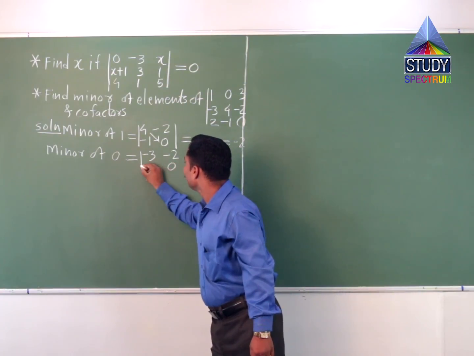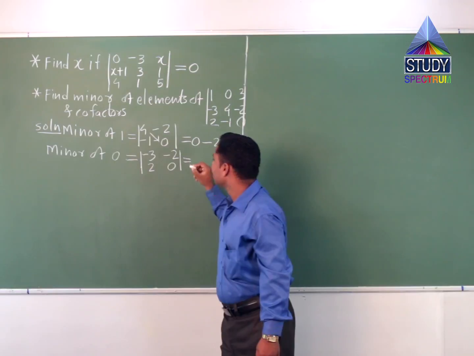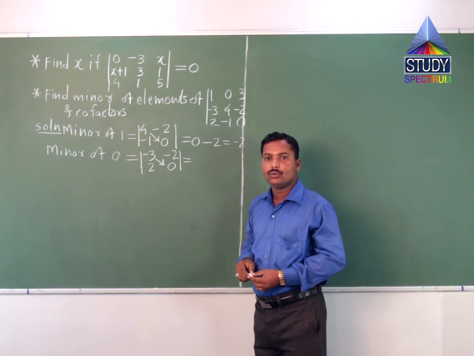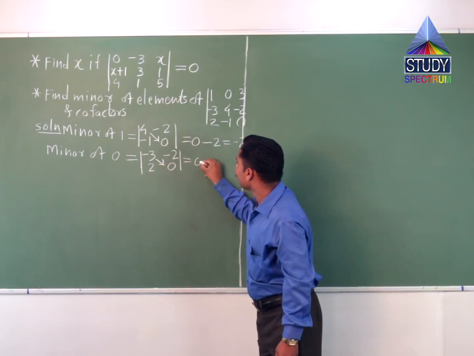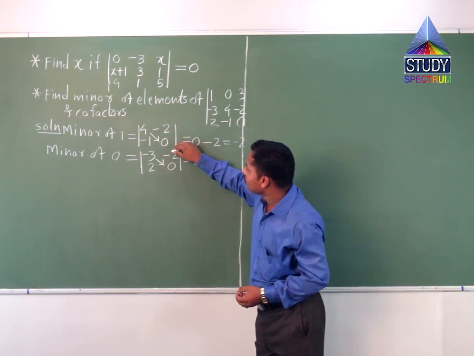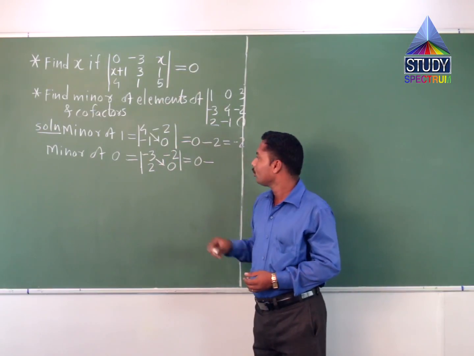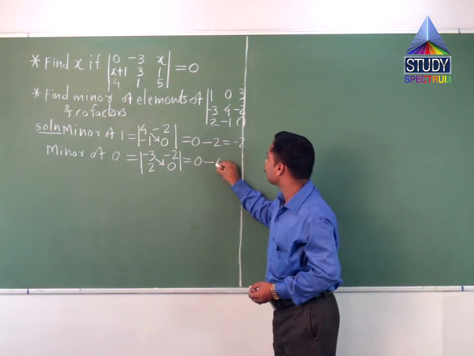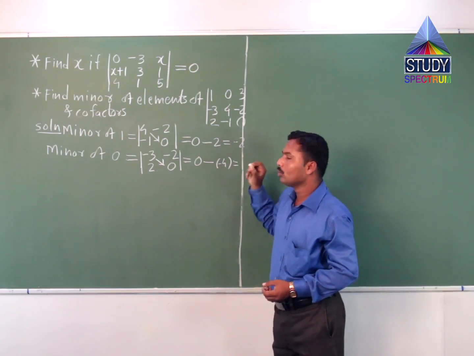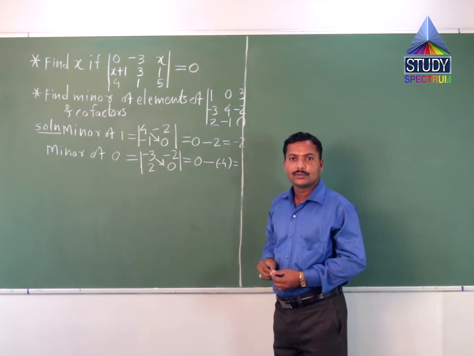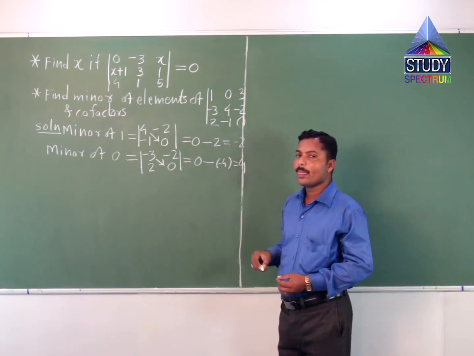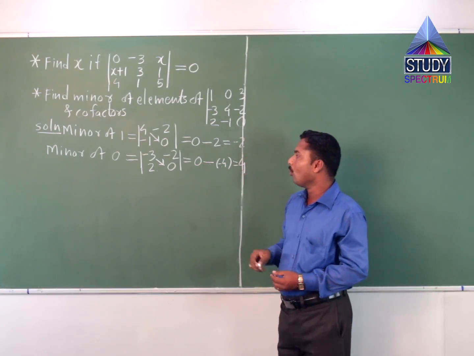Again cross multiplication: minus 3 into 0, 0, minus minus 2 into 2, minus 4. Minus minus is plus, so only 4. 0 plus 4, 4.